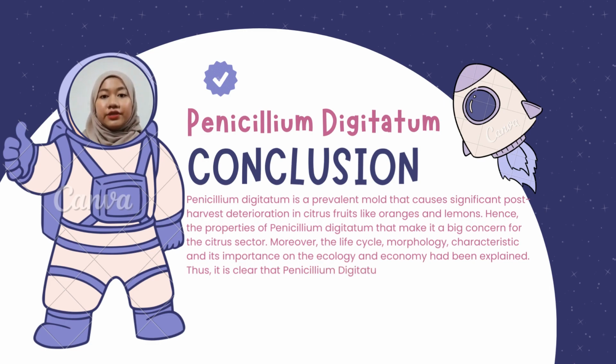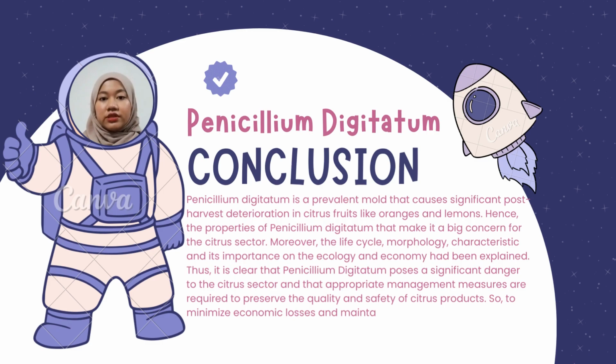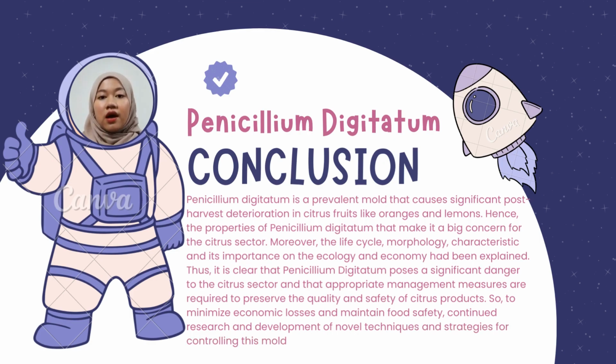Thus, it is clear that Penicillium digitatum poses a significant danger to the citrus sector and that appropriate management measures are required to preserve the quality and safety of citrus products. So, in order to minimize economic losses and maintain food safety, continued research and development of novel techniques and strategies for controlling this mold is required.